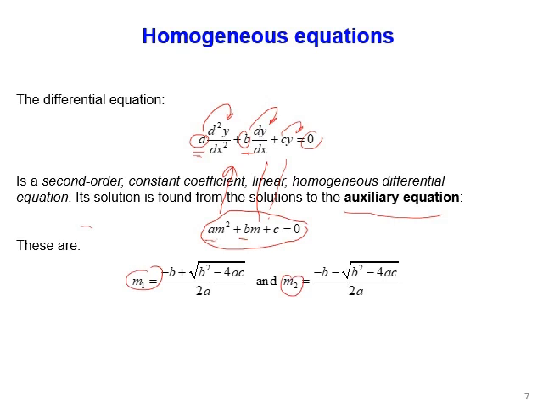Based on m1 and m2, we will write the final answer, as I will explain in the next few slides. So the idea is to solve this auxiliary equation. Where this auxiliary equation came from, I will explain later, but just know that we substitute m squared for y double dash and m for y dash, and the constant we keep.